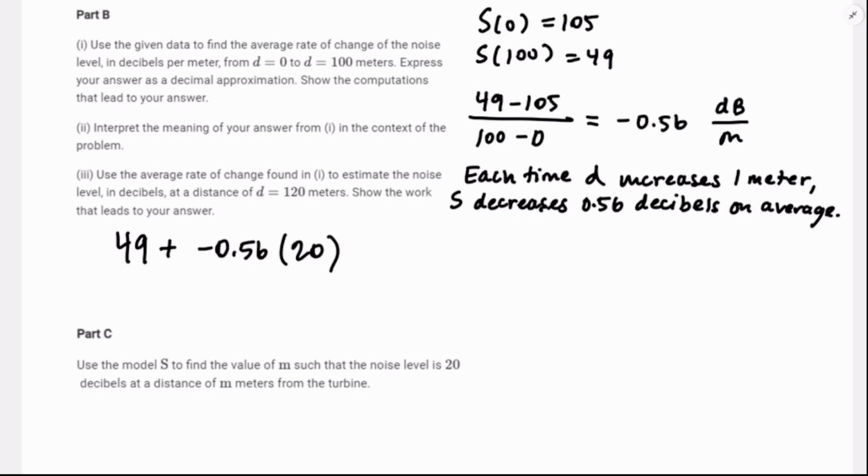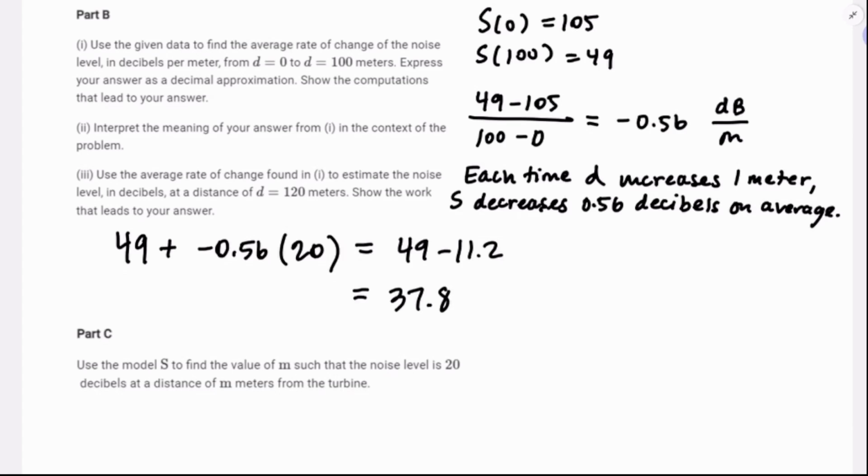And I think I can do this because if I multiplied the negative 0.56 by 10, that would be 5.6. So if I doubled that, that would be 11.2. So 49 minus 11.2 is going to be 37.8.